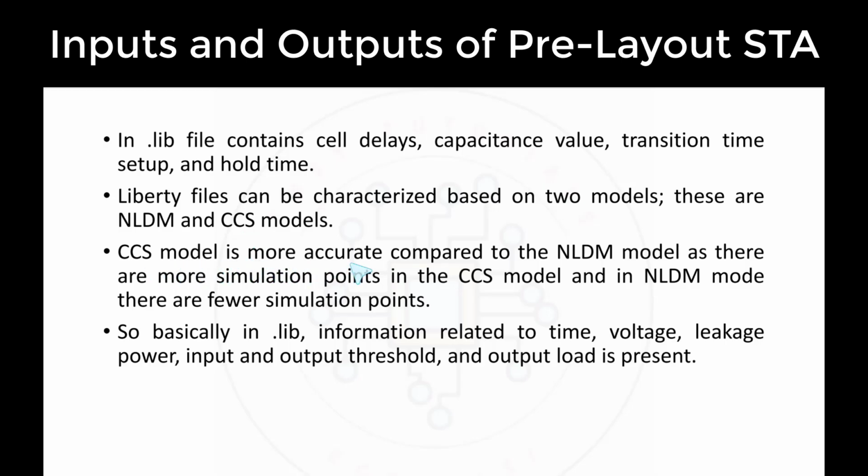The CCS model is more accurate compared to the NLDM model, as there are more simulation points in the CCS model, and in the NLDM model there are fewer simulation points. Basically in .lib, information related to time, voltage, leakage power, input and output threshold and output load are present. If you want detailed information about this, you can check the playlist called standard cell characterization on my channel.